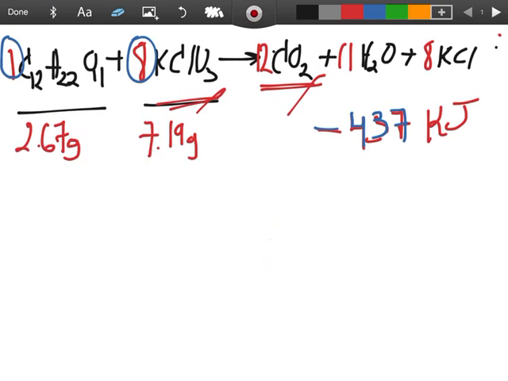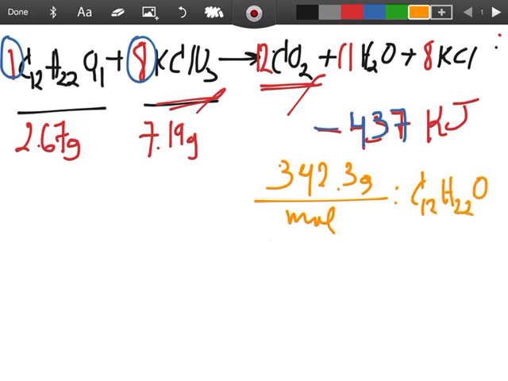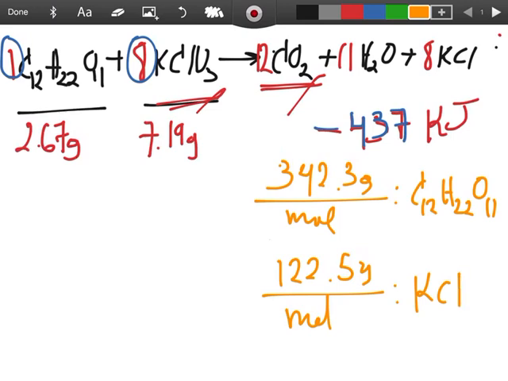So I know that 342.3 grams over mole is going to be the molecular weight for C12H22O11. Very well. And I also know that 122.5 grams over mole is going to give me the molecular weight for KClO3.